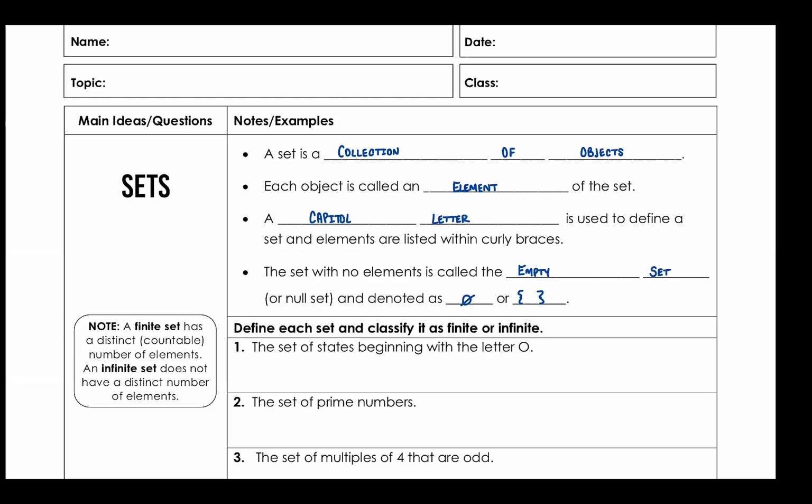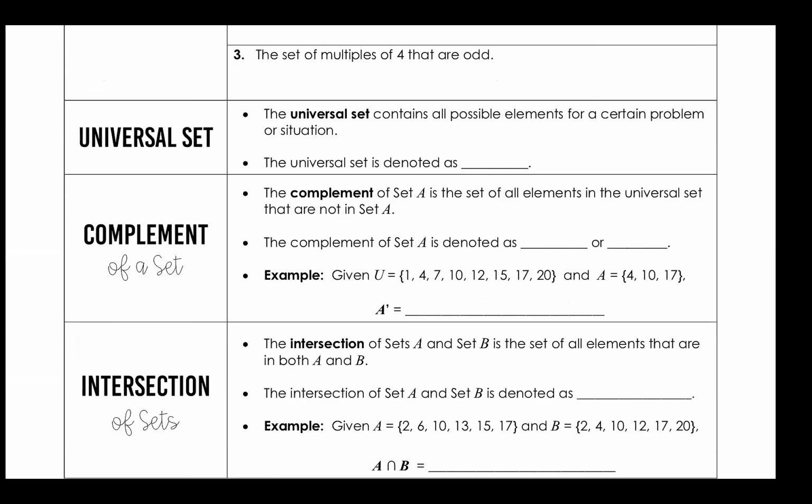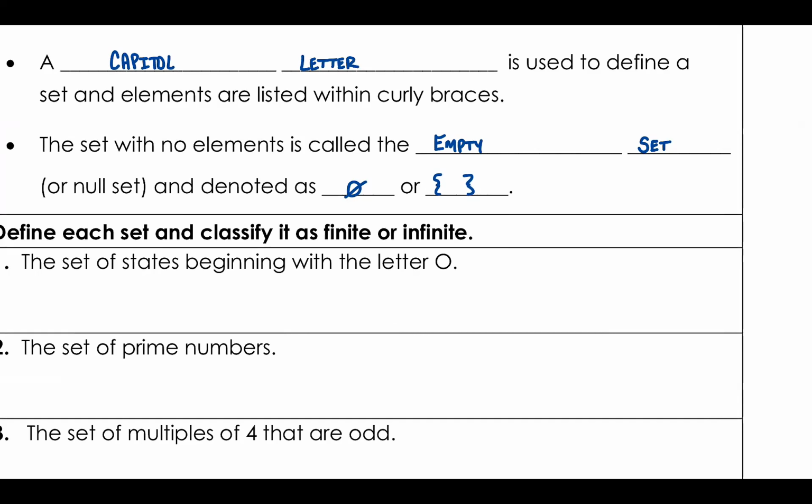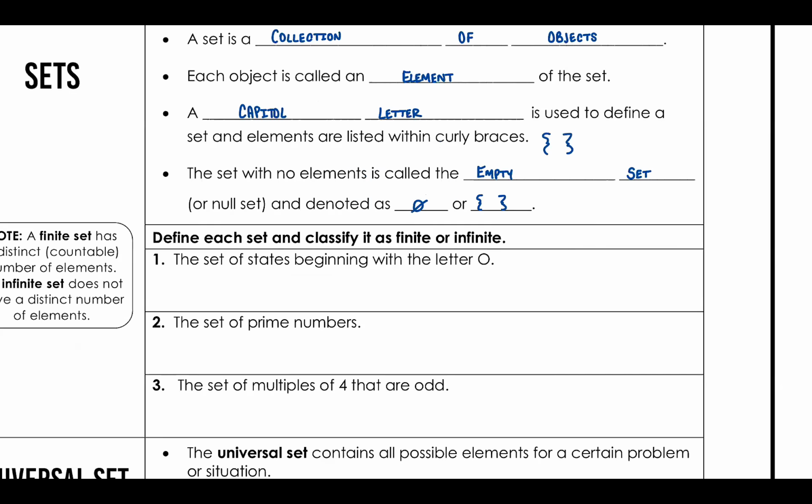A capital letter will be used to define the set or the elements listed within curly braces. And you guys know what curly braces are. They are those things that you said only teachers can draw, but you guys will too. So that is our curly brace.